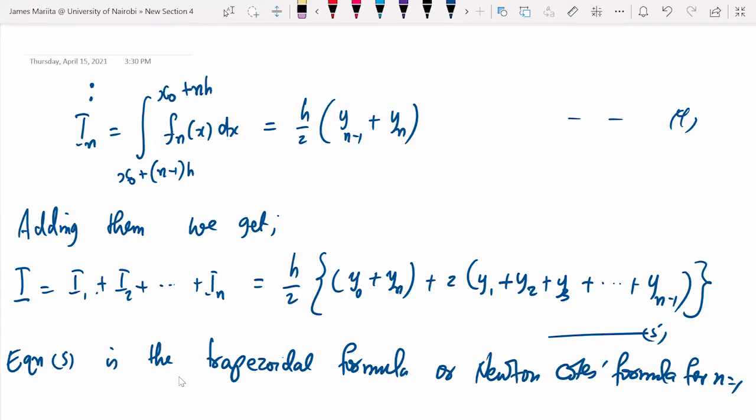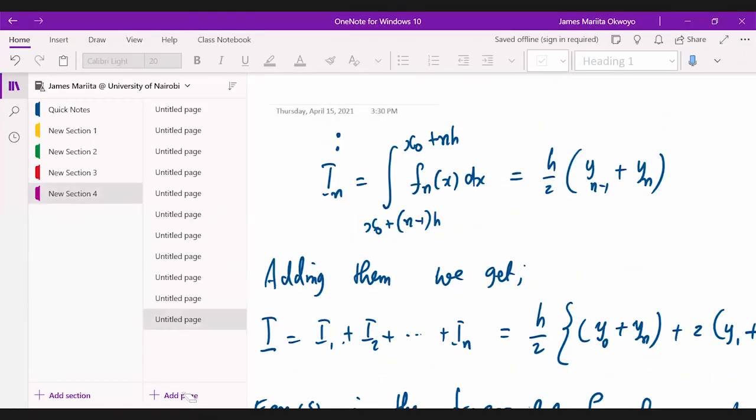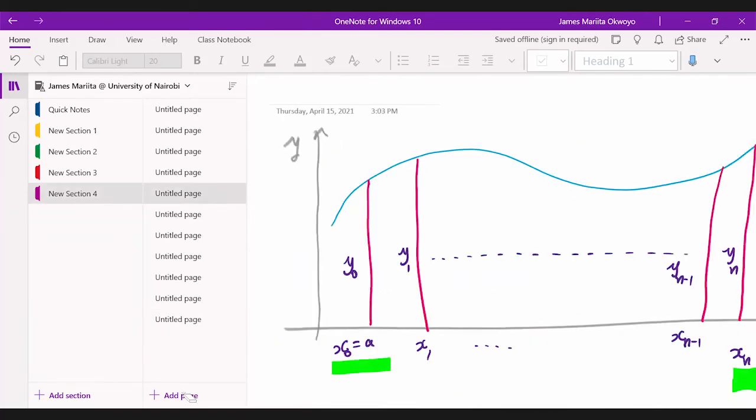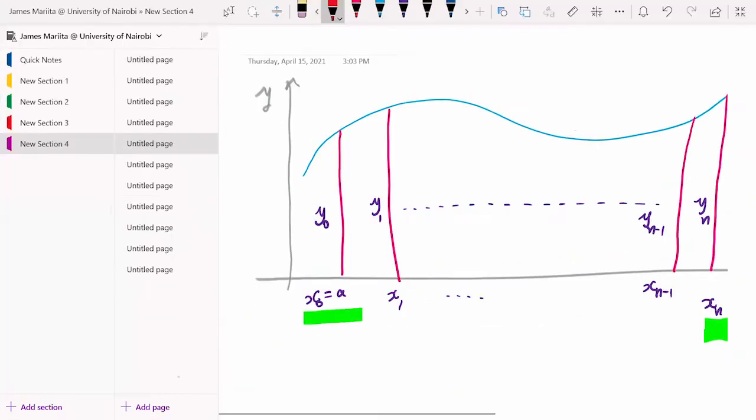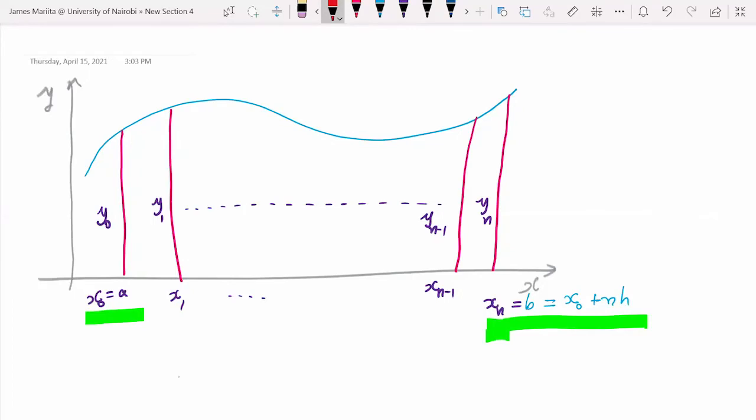When you look at the diagram here, we assume between x0 and x1 this is a trapezium. So we work out that first area first.